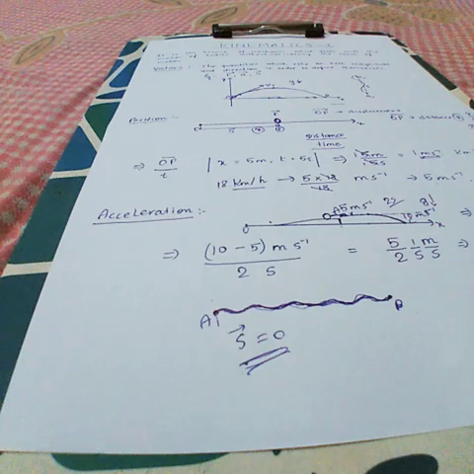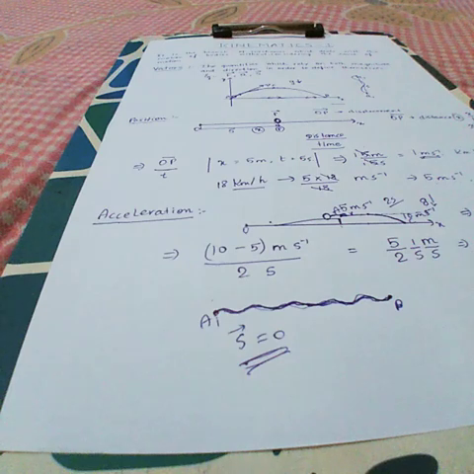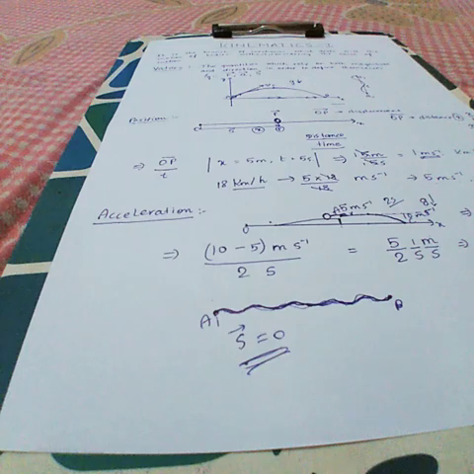So now we are going to study about the 3 equations of motion which will help us in our numericals of this chapter. Now these equations of motion were given by Newton, and these equations of motion are applicable to a body moving with uniform acceleration.